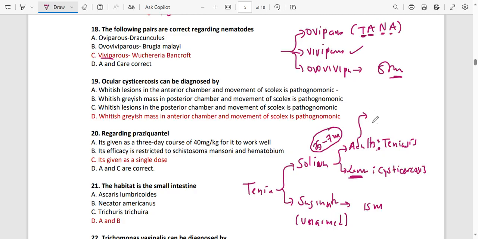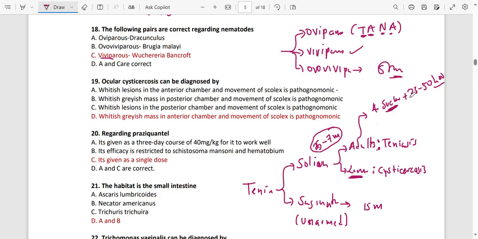Another thing we need to know about the adult, or Taenia, is that it has got four suckers plus 25 to 50 hooklets. So it has suckers and hooklets. Remember we said cestodes are going to have suckers and hooklets.